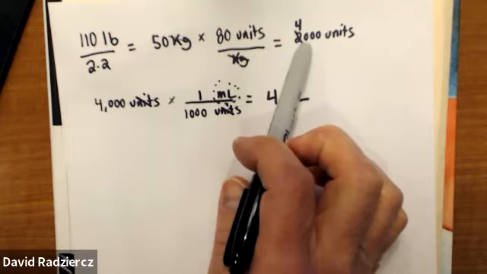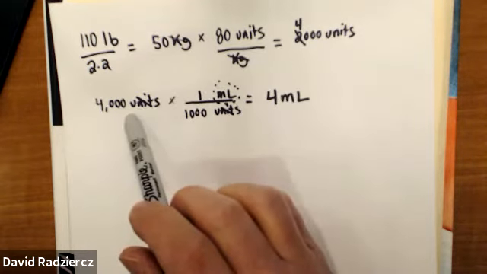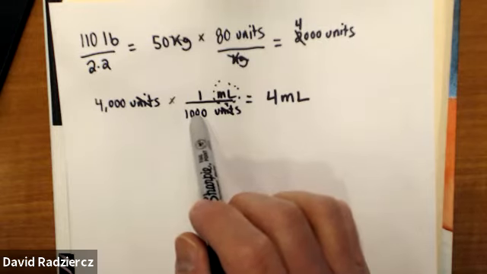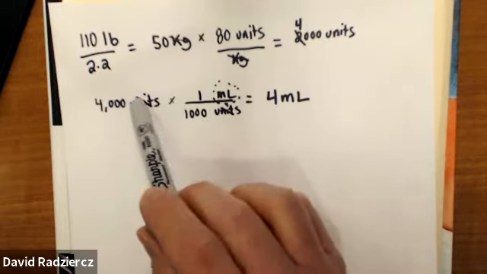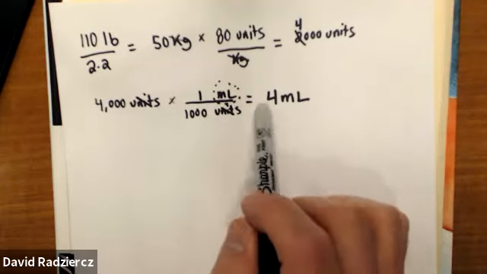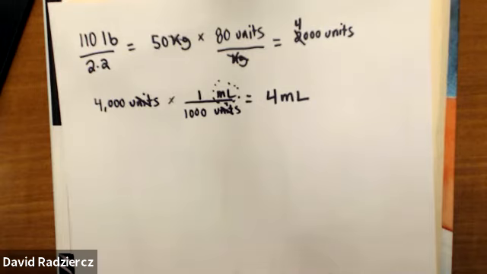I need to know how many milliliters to administer. So the 4,000 units times the bolus dosage strength, which step 2 of the protocol tells me is 1,000 units per milliliter. I don't want units, so I divide by units. 4,000 divided by 1,000, and I get 4 milliliters as my bolus dose.